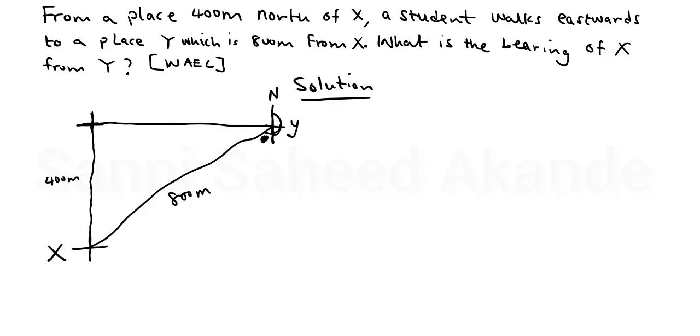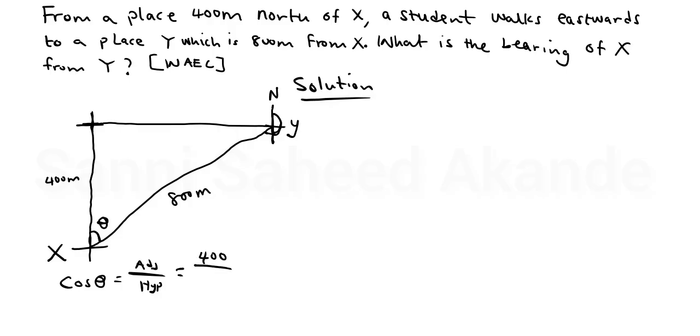Now, let's assume the angle here is theta. Okay. Now, I go ahead and find cos theta. Cos theta is adjacent over hypotenuse. Understood? Now, what is my adjacent? My adjacent here is this 400 meters. I'm going to put 400, then divided by the hypotenuse.